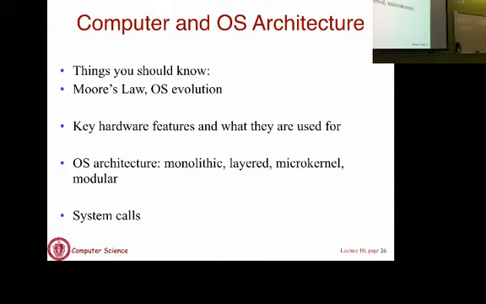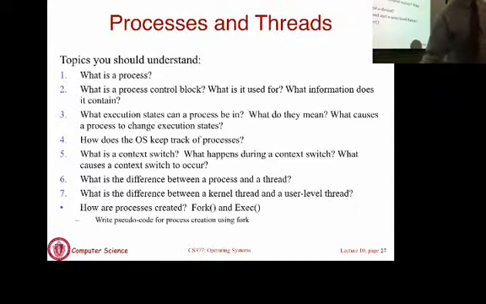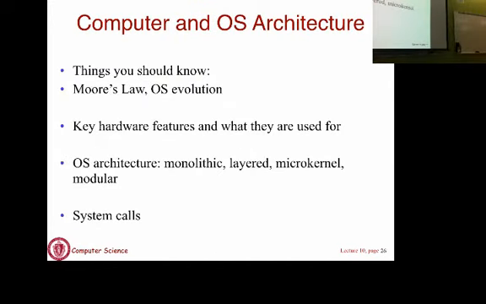Now that said, there's one piece of the kernel that actually uses the layered approach, and that's the network subsystem. The reason for using the layered approach there is that it maps nicely to what is called the network protocol stack. If you've heard the term TCP/IP, TCP/IP is a network protocol stack.